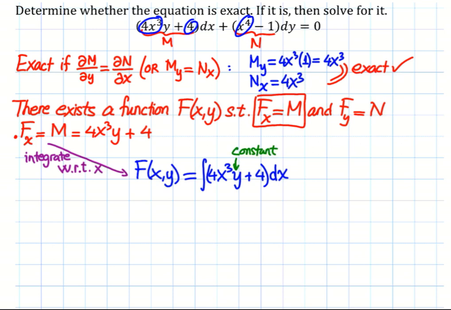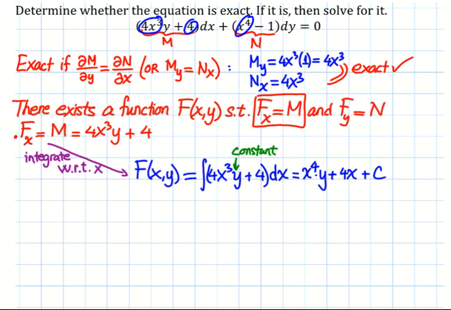So we integrate, and for 4x cubed, the integral will be just x to the 4th. The y there is a constant, so we just multiply by that constant. The integral of 4 will be 4x, and plus a constant.